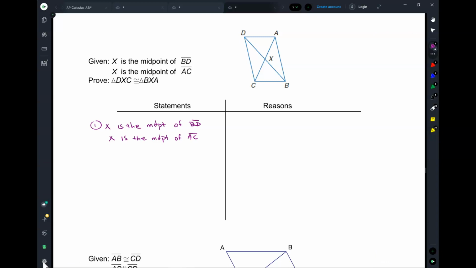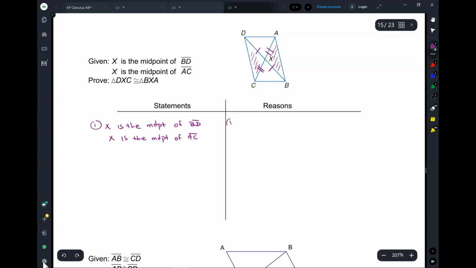We want to prove triangle DXC is congruent to BXA. I like to highlight the triangles I'm looking at. All right, so if we know that X is the midpoint of DB, I know that these two are congruent. And I know that these two are congruent as well, right?